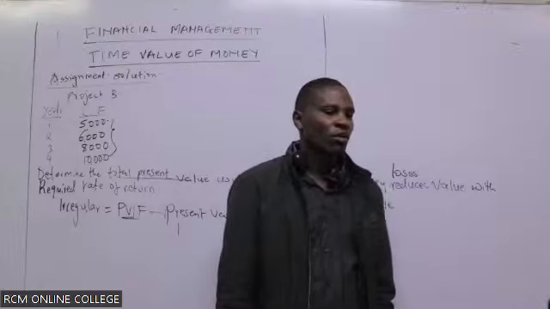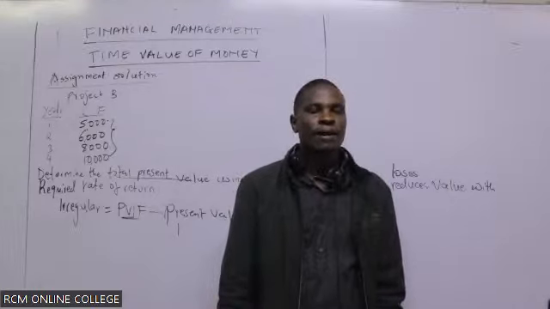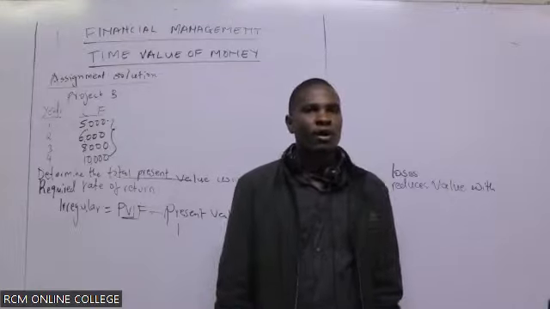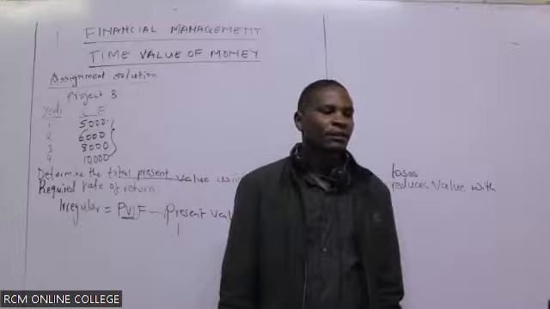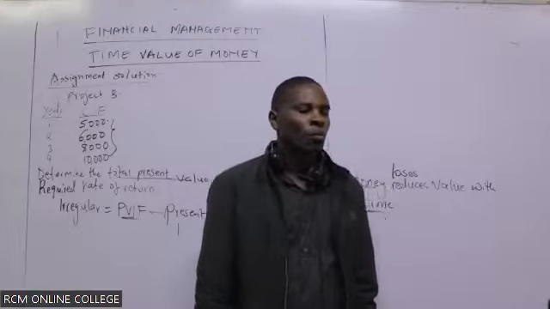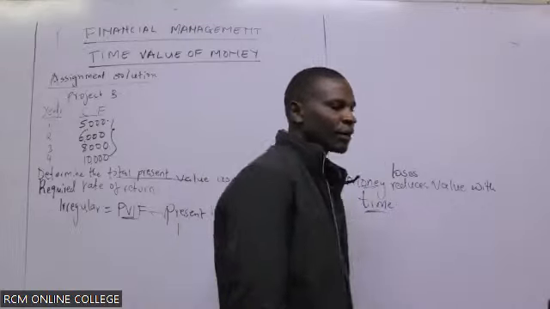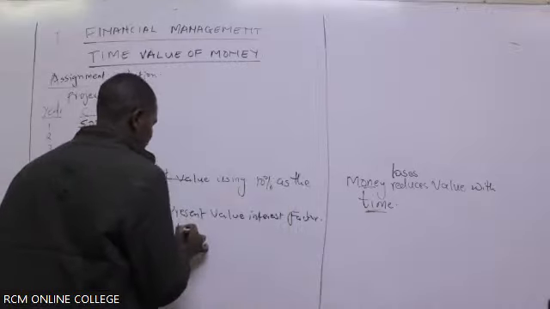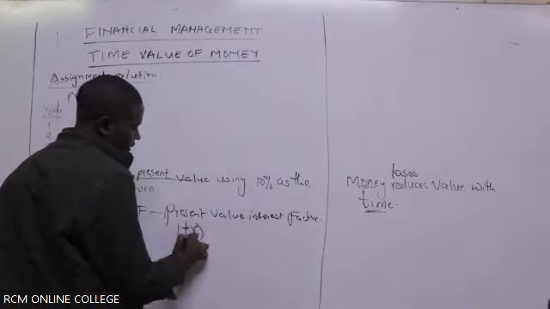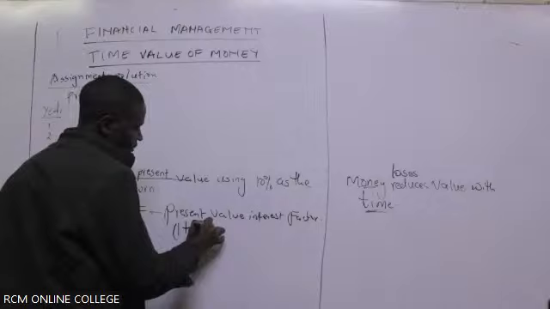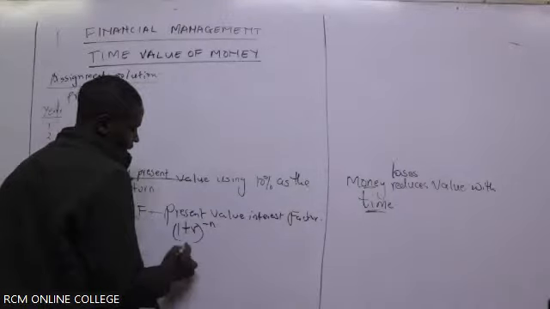What is the formula of this factor? We told 1 plus R raised to power negative n. Exactly. 1 plus R raised to power negative n.